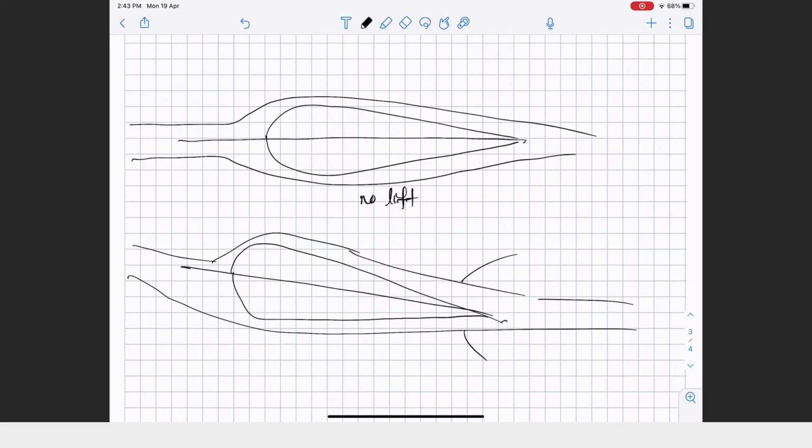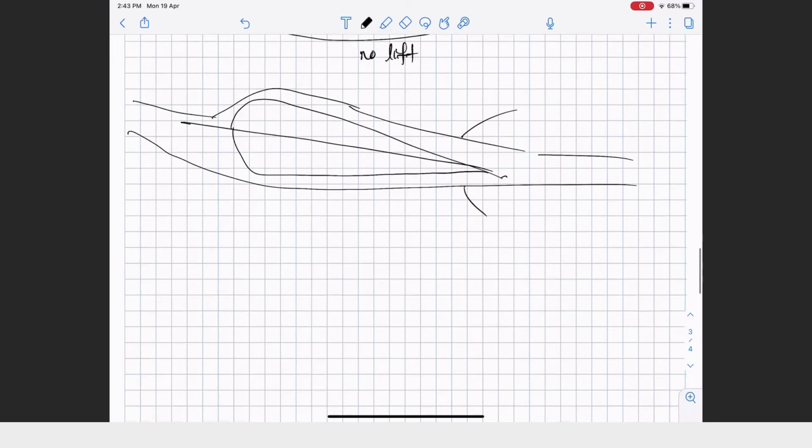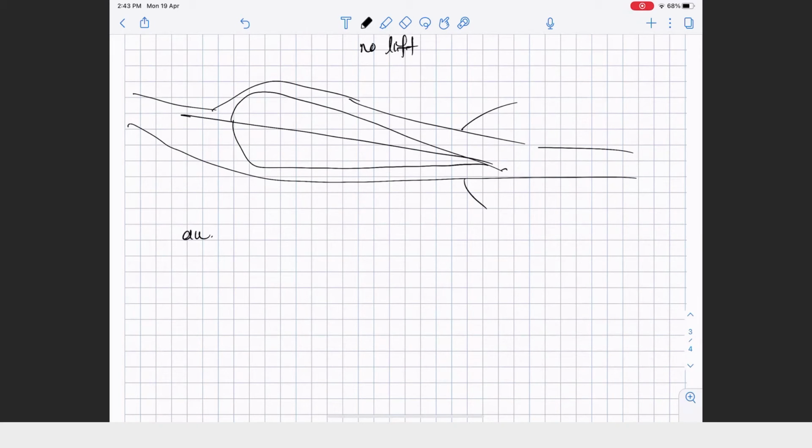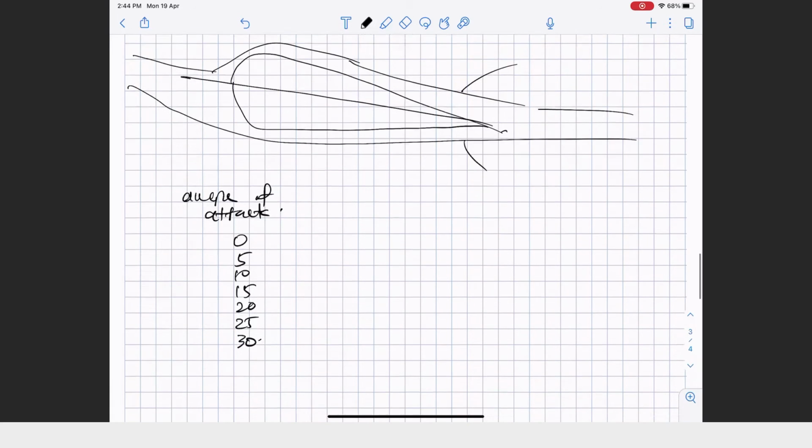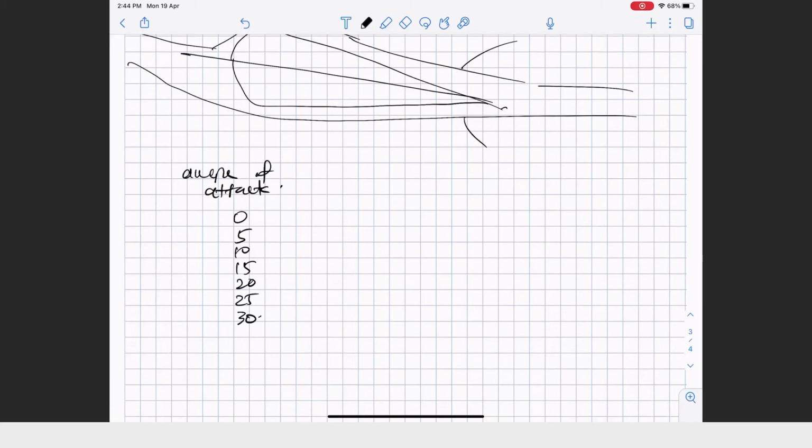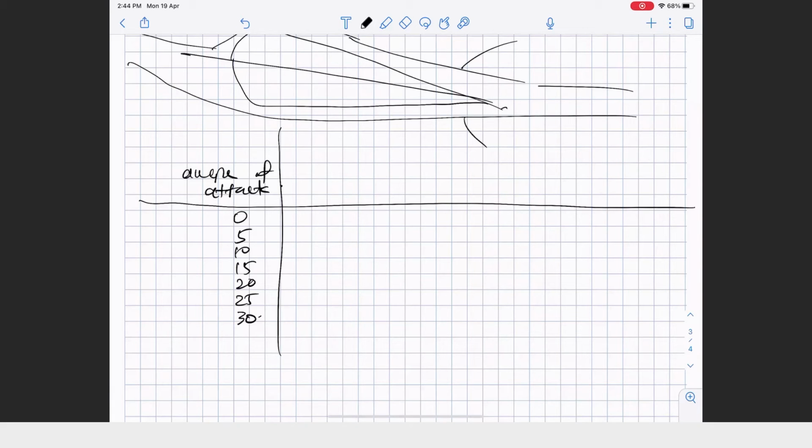So in the experiment, what you will be doing is basically changing the angle of attack, from 0 to 5 to 10, 15, 20, 25, and 30. So that is your variable, the angle of attack. And then you're going to have a pressure on the top surface.